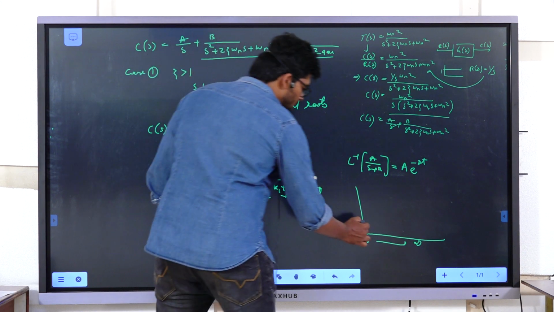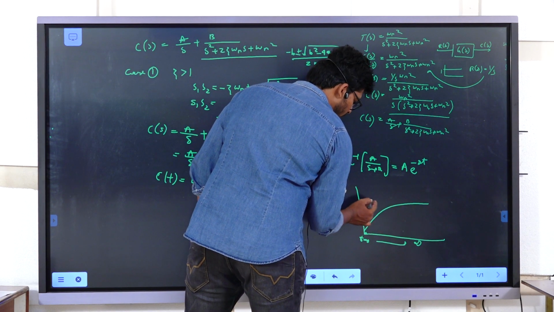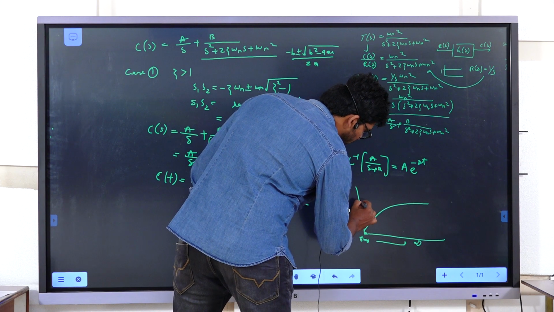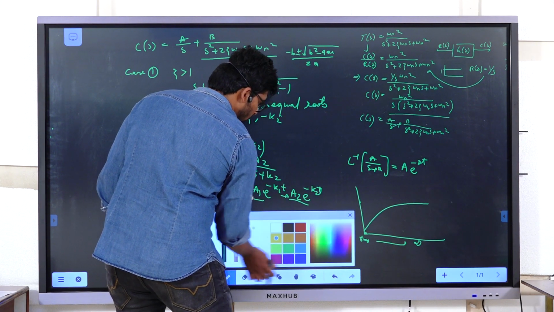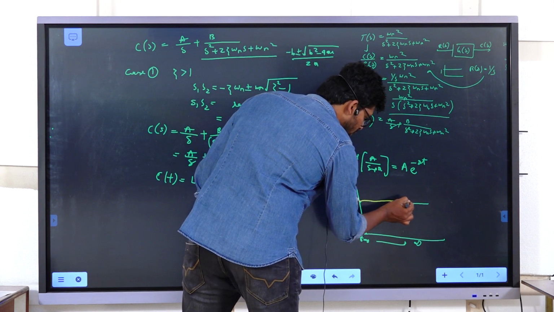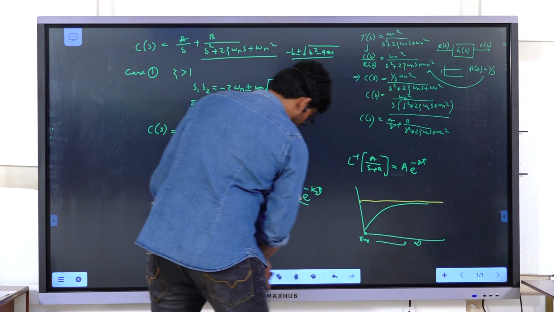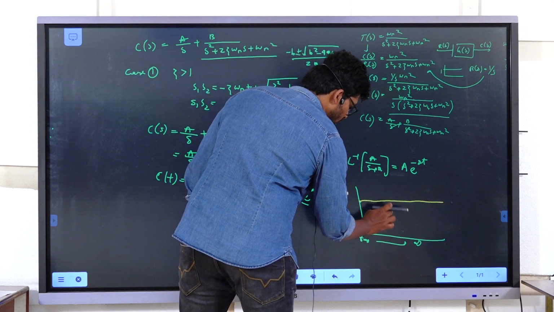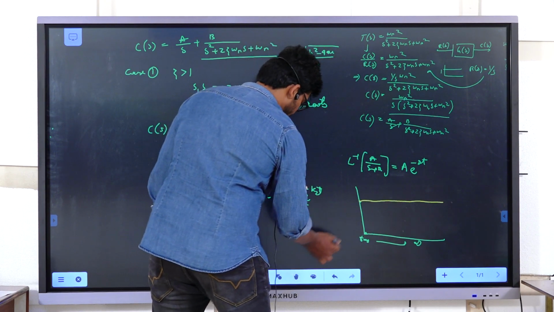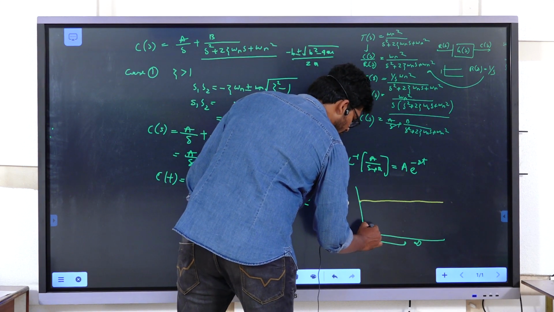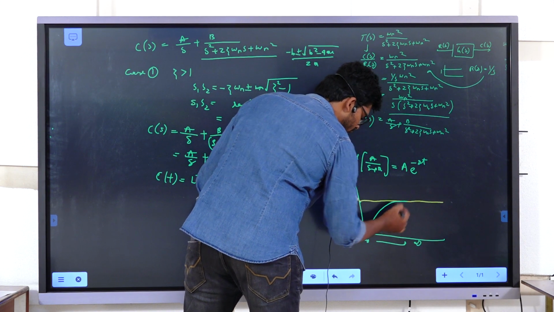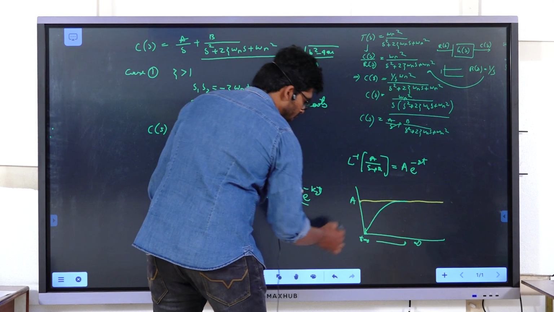Ultimately we'll have the response like this. The response of the system increases exponentially and settles into a steady state value. The steady state value is A.